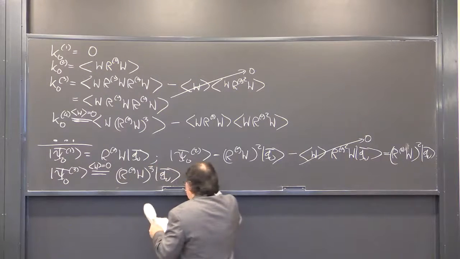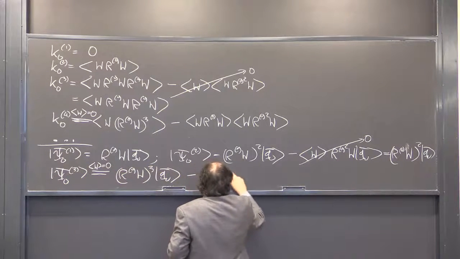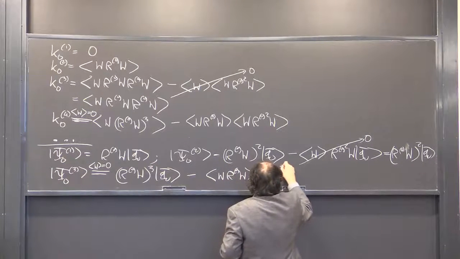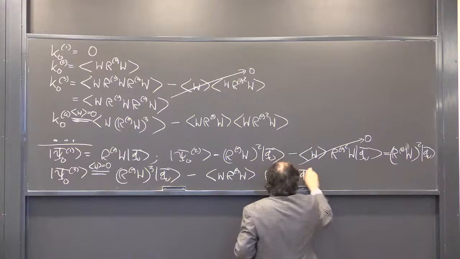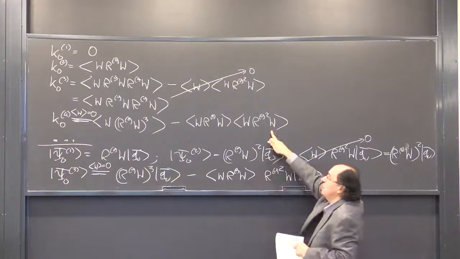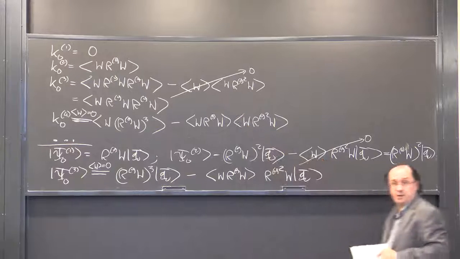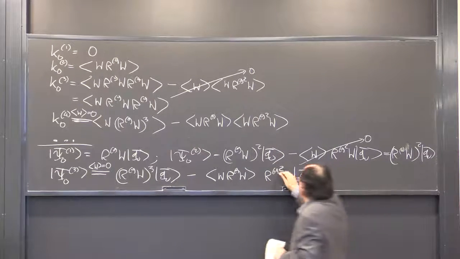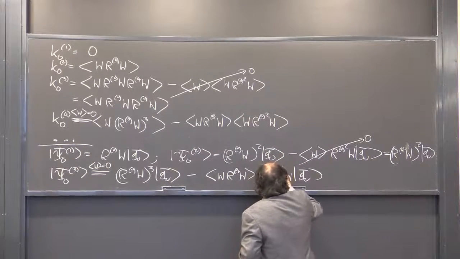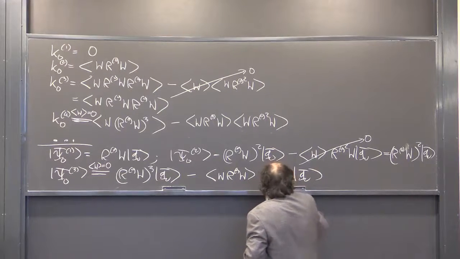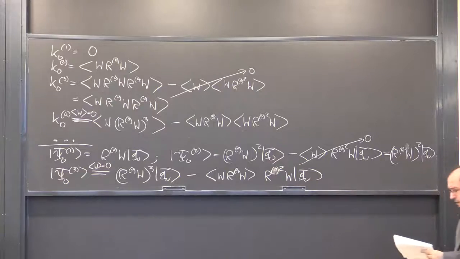Then all I have to write is just one term with a negative sign, W R0 W times R0 squared W phi 0. As you know, this is a perfect analog of the fourth order energy. So I can just drop this part, and I get the second order correction and the third order correction to the wave function.